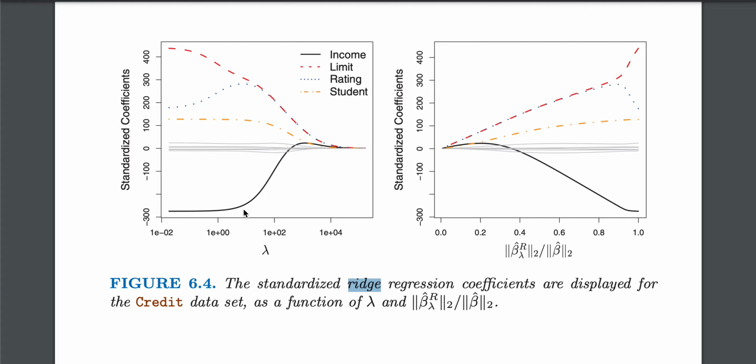On the horizontal axis, we have lambda from small values to large values. And on the vertical axis, we have standardized coefficients, which are the estimated coefficients divided by the standard deviations.